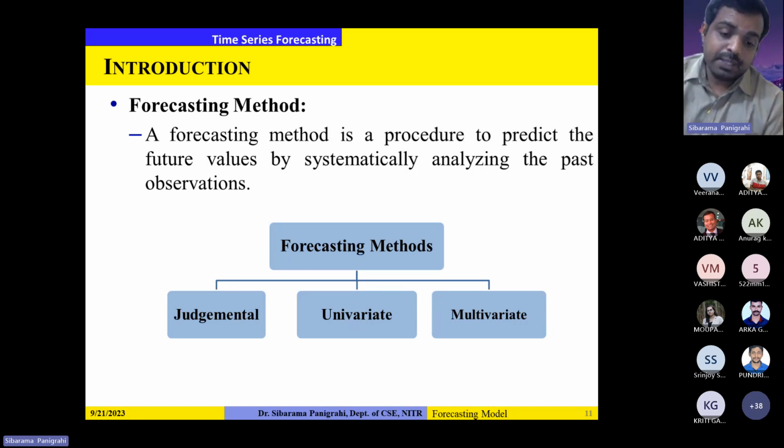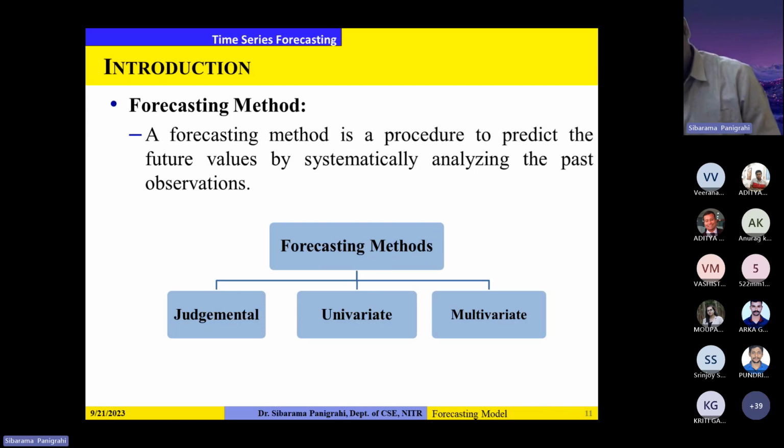The univariate time series forecasting methods are particularly important if we do not know what the explanatory variables are that affect the prediction time series. For example, suppose we want to predict the crude oil price. Crude oil price is affected by many factors. If there is a political change in the exporting countries or importing countries, then it will affect the crude oil price, right?